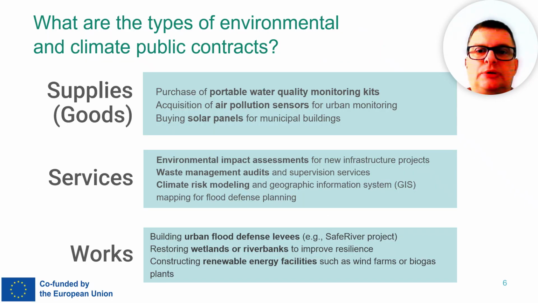When we are talking about contract types in environmental and climate projects, it helps to think in terms of supplies, services, and works. Supplies are the physical goods, like water quality monitoring kits, air pollution sensors, or solar panels for public buildings.